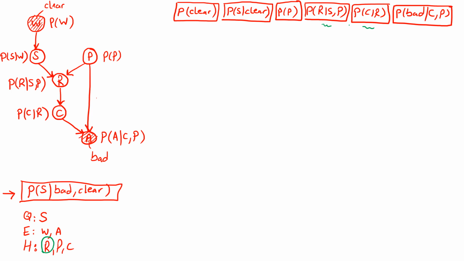Muhammad, what is the first step now? After we get the involved factors, what will be the next step? We join them. Very good. So when we join these two, what is the factor that we will get? Can you tell me what will be the variables in that factor?